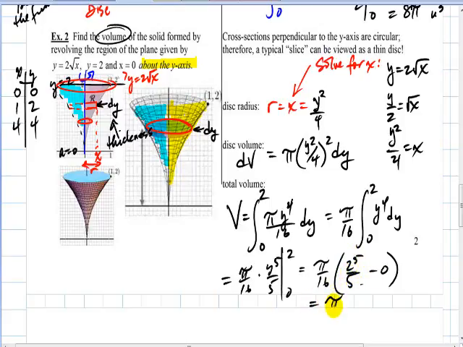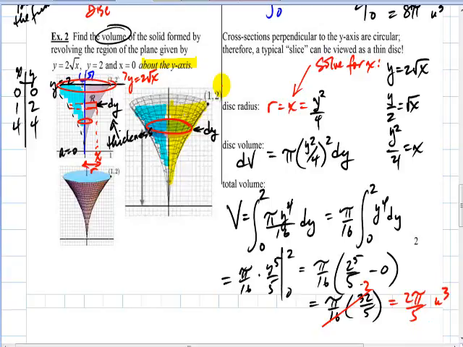So what do we have? You have pi 16ths times 32 fifths. As you guys know, this is 2, and so what we get is 2 pi fifths cubic units. And that is the exact volume, believe it or not. That's the volume of the solid of revolution if you revolve it around the y-axis there.